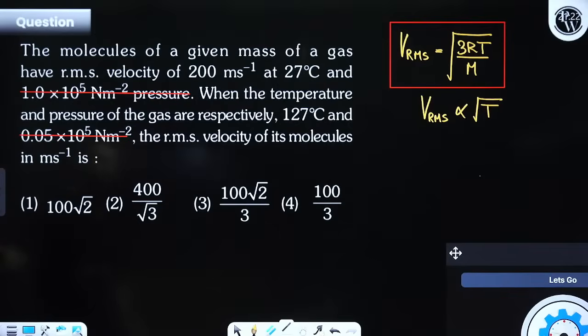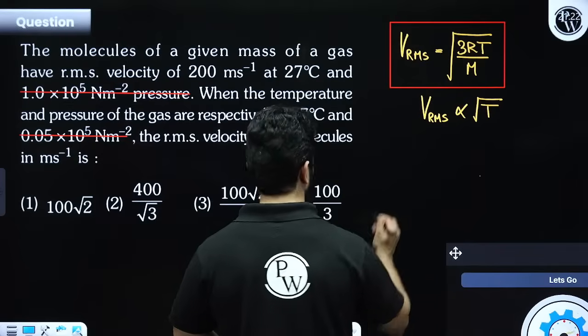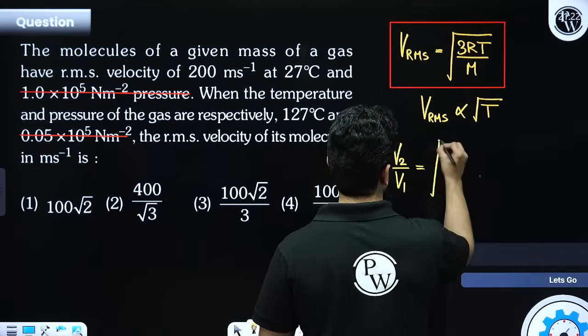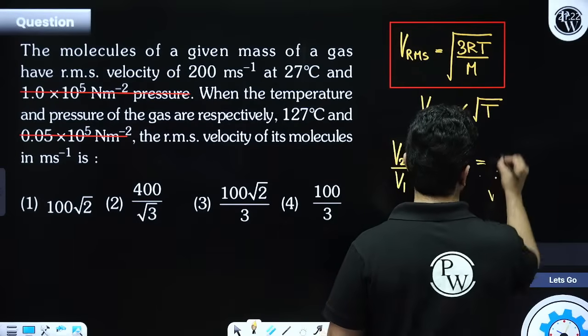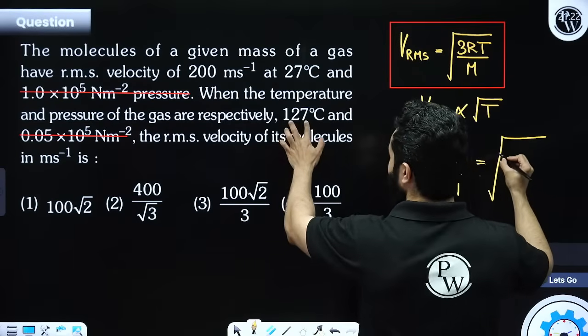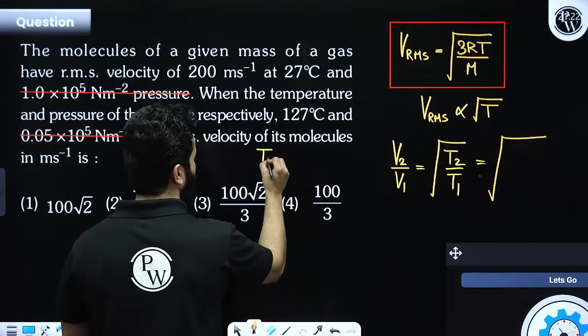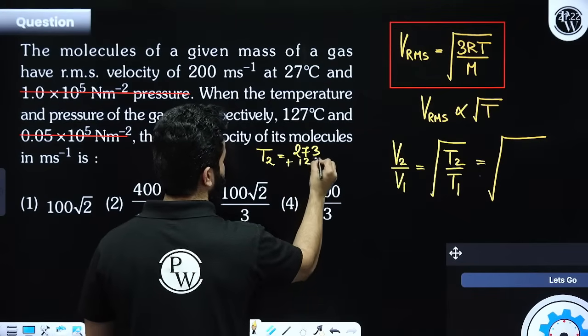What we are going to do is simply use this concept and say that V2 upon V1 will be equal to under root of T2 upon T1. T2 is 273 plus 127, got it?